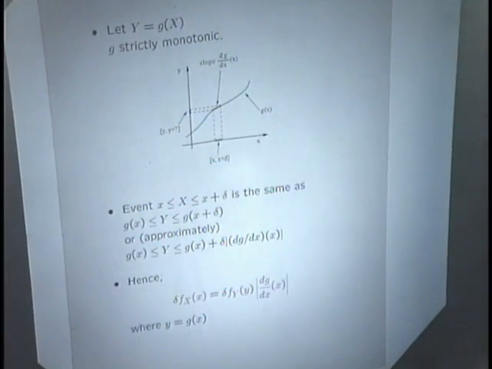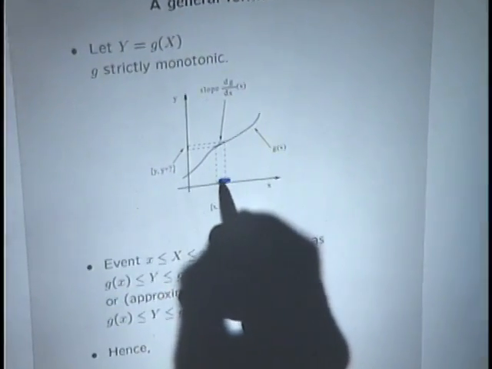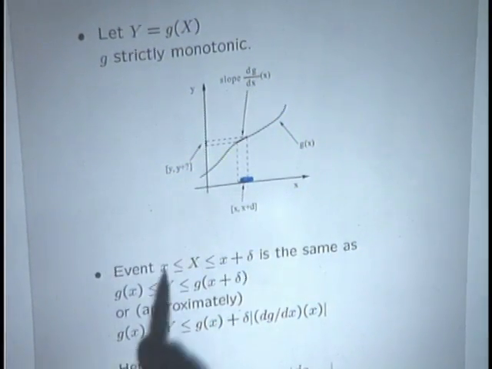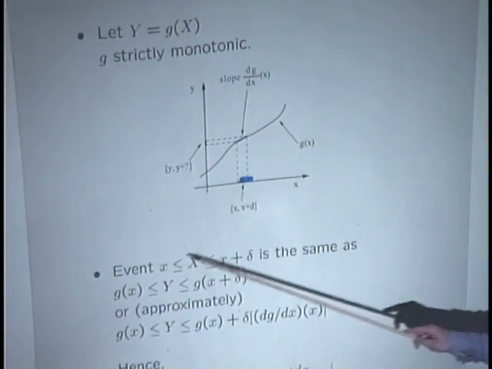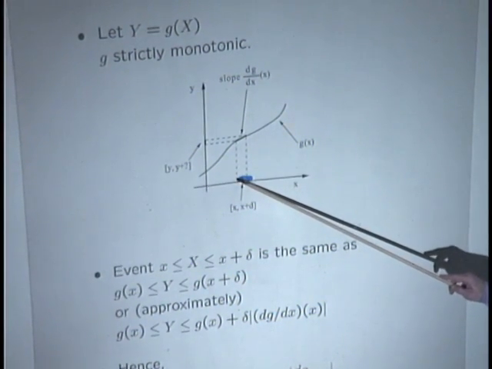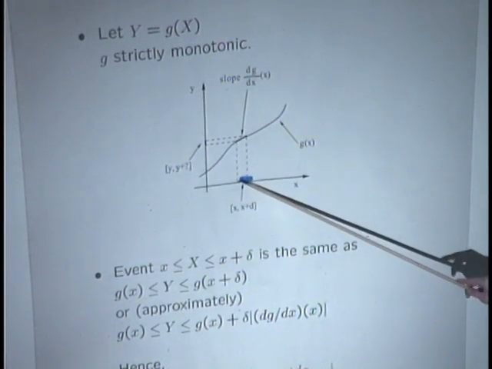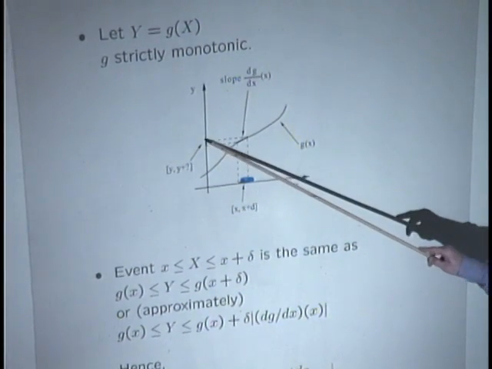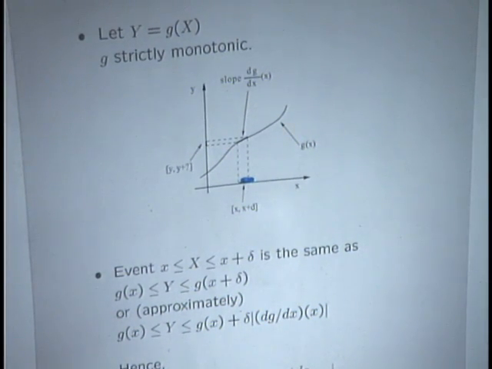So let's look at a small interval on the x-axis, like this one, when capital X ranges from a small x to a small x plus delta. So this is a small interval of length delta. Whenever x happens to fall in this interval, the random variable y is going to fall in a corresponding interval up there.